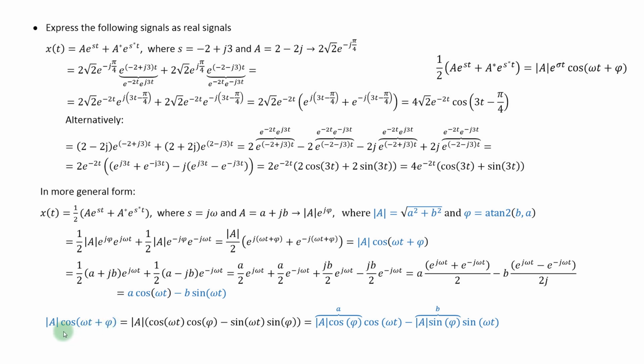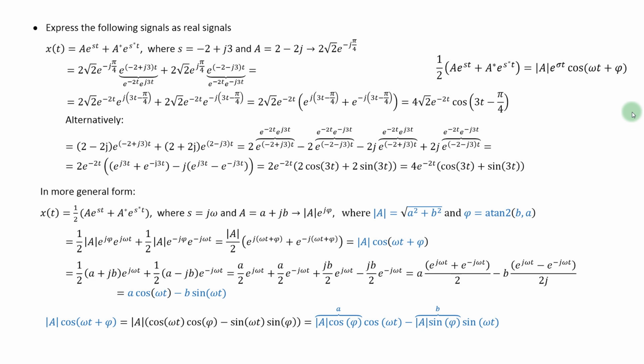From high school, you should know that the cosine of this sum can be written like this. And this expression I can rewrite into this form. Here I can identify that this is actually the real part of my complex amplitude, that is A, and this is actually the imaginary part of my complex amplitude, that is B.